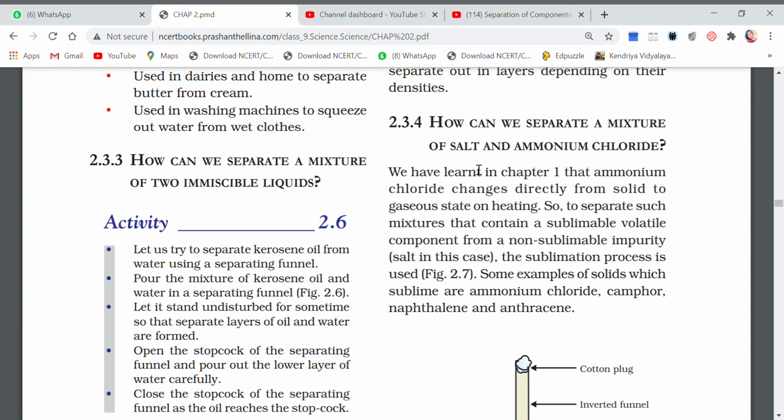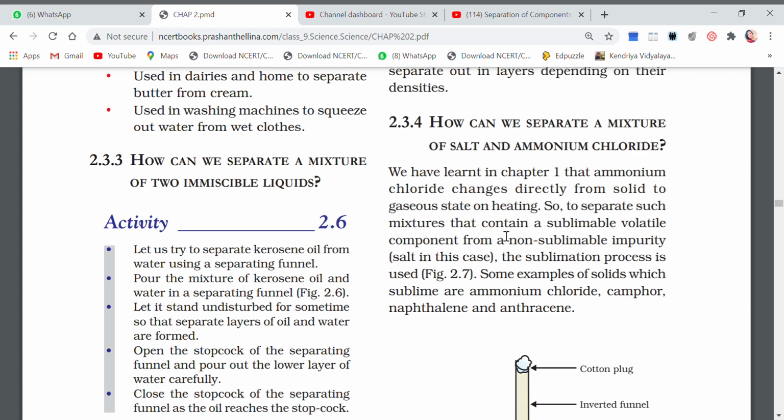This question's answer is also with you in the first chapter. What is a sublimate? The things that sublime are called sublimates. Example: ammonium chloride, dry ice, iodine, naphthalene, anthracene, camphor, all are the examples of sublimates. So two questions already from this topic.